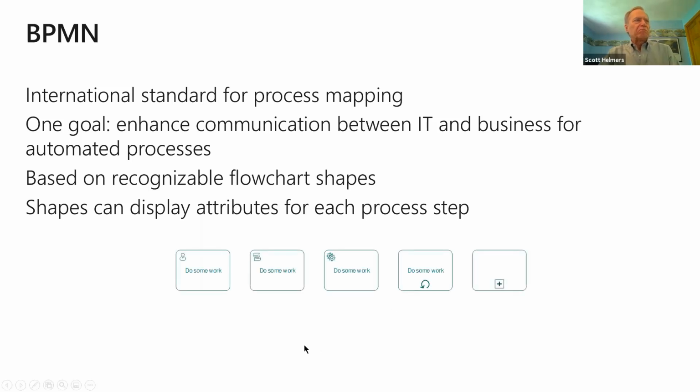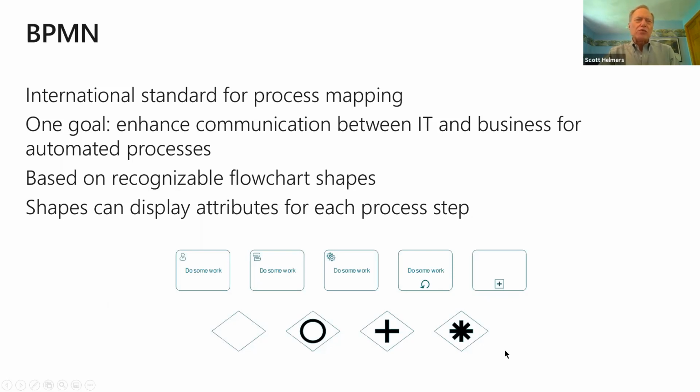So the shapes look like this. I've mentioned variations in what appears in the upper left. So here are a couple of different variations. We saw a hand in the shapes on my sample map a moment ago. The gateway, represented by the diamond shape, can be exclusive or parallel or a variety of other options.